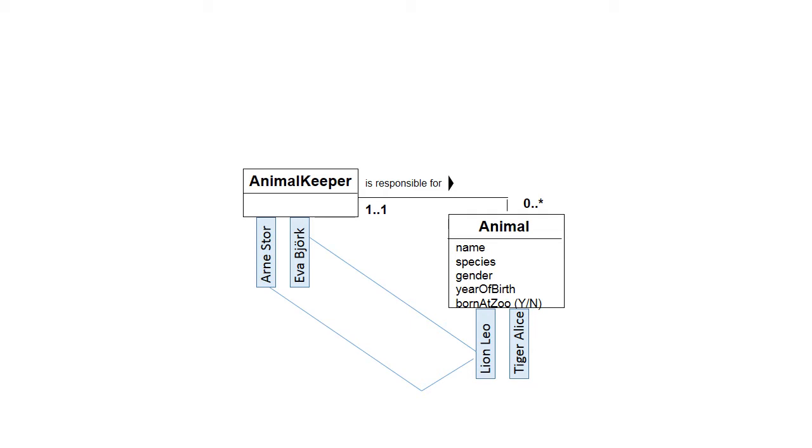But this is not the case now on the object level, because the lion Leo is linked to 2 animal keepers. So we now violate the multiplicity rule. So either we have to change the multiplicity rule, or we must say that the links between the objects are wrong.